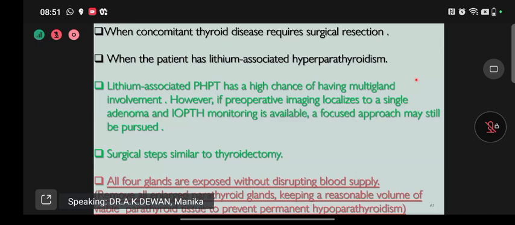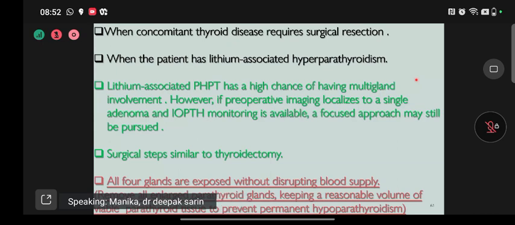So for parathyroid carcinoma, I think intraoperatively, we are going to assess it better as compared to preoperatively. When will you suspect parathyroid carcinoma? The question is, can you suspect or diagnose it pre-op?